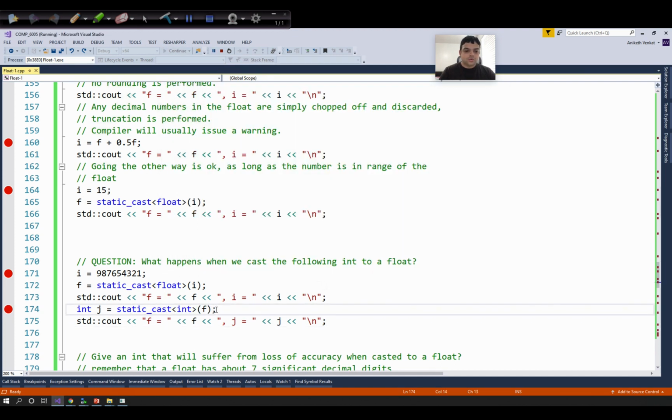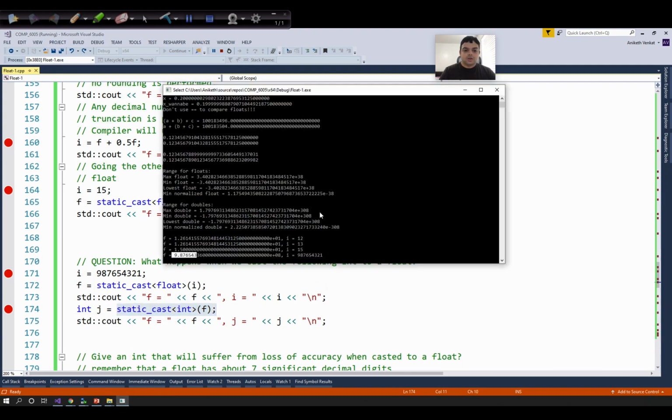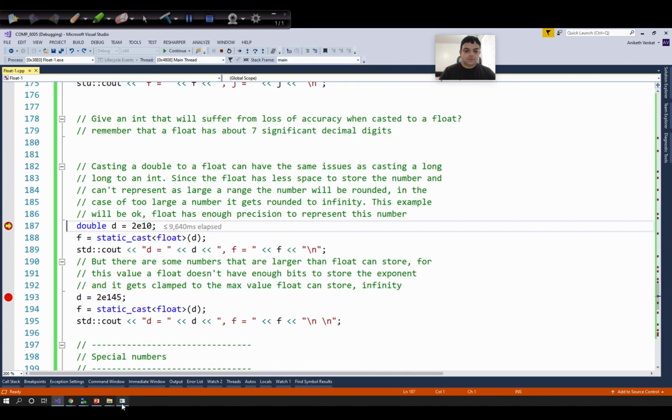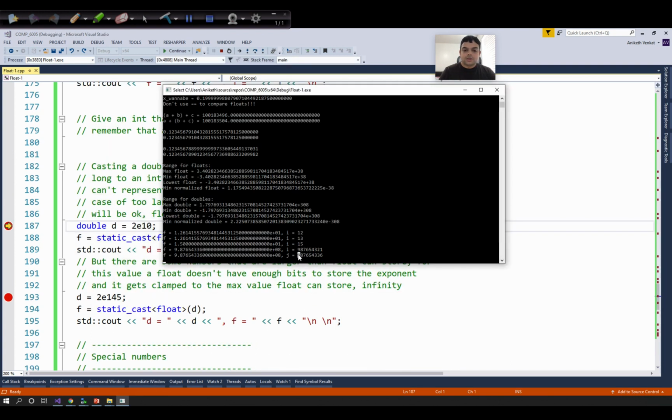So in line 74 we are casting f back to an integer using static_cast, and the result is the integer 987654336. So notice when we cast from an int to float back to an int, we don't get the original int that we started with.